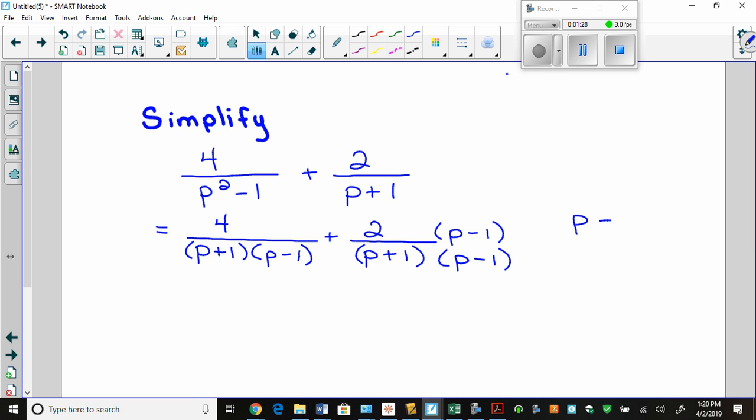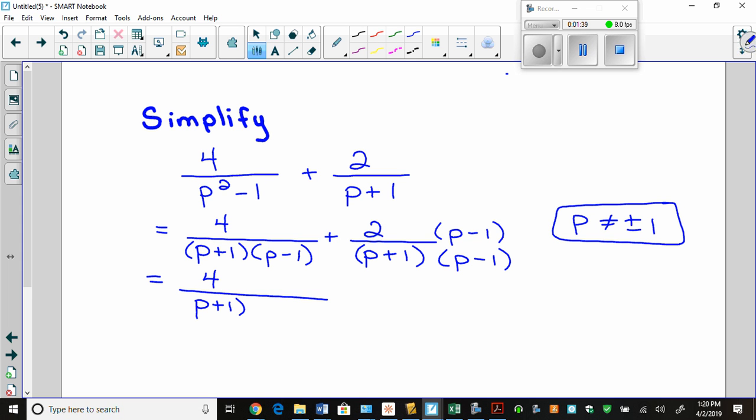I know p cannot equal plus or minus 1. Okay, so we're going to get 4 over p plus 1, p minus 1, plus 2p minus 2 over p plus 1, p minus 1.